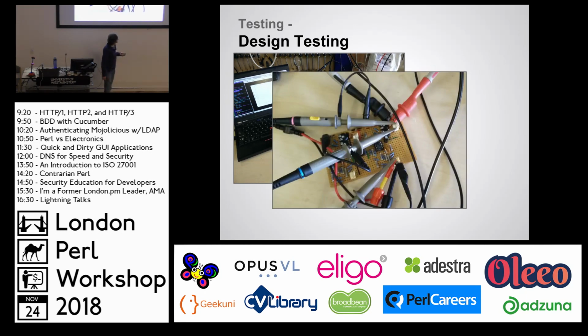So here's a close-up of some of the testing. All these little test clips are enormously fiddly, by the way, and you have to spend a large amount of money to get ones that don't just go ping off randomly, because that's always really annoying. So I've got about 8 or 9 clips on there in various places. That's perhaps a thing that's slightly familiar again to Perl programmers, in that you've built your wonderful code, and now you want to run some tests on it.